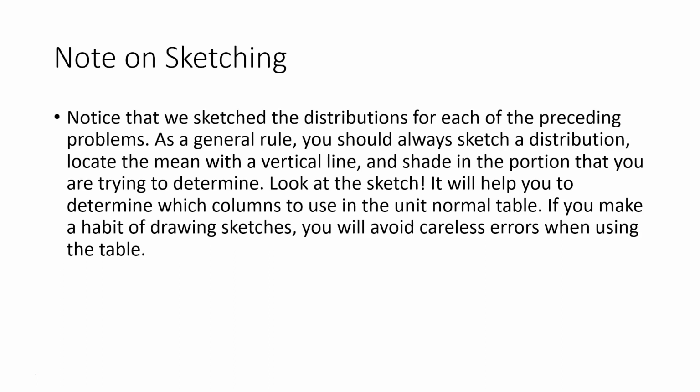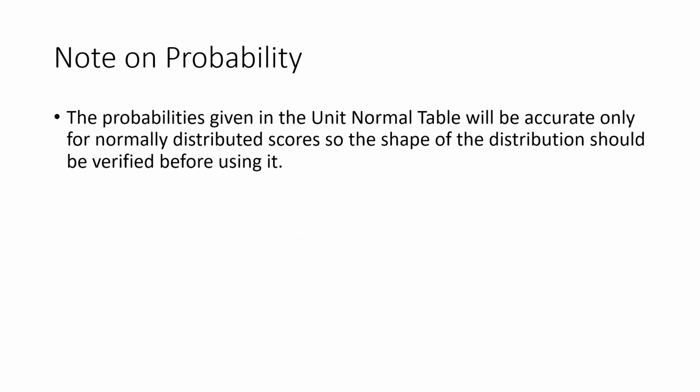It will help you determine which of the columns you're supposed to be using in the unit normal table. If you make a habit of drawing sketches, you're going to avoid careless errors when you're using the table. I've had plenty of very bright students make careless errors by not drawing the distribution. So I strongly recommend always draw what your problem is.